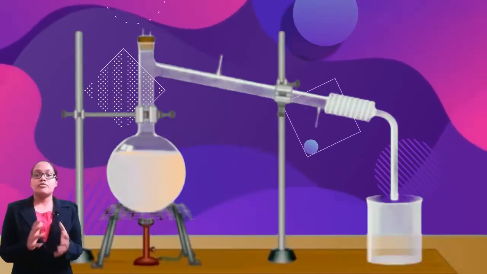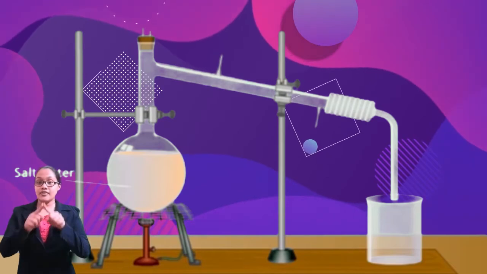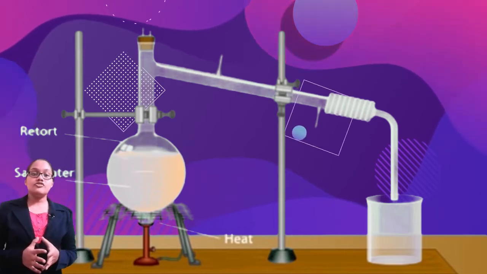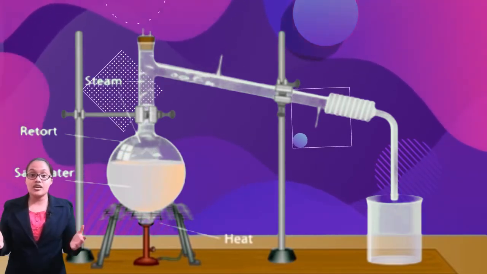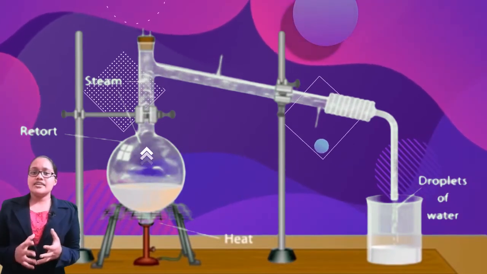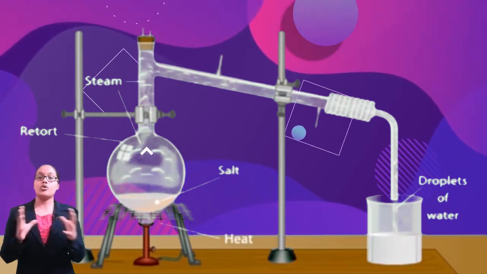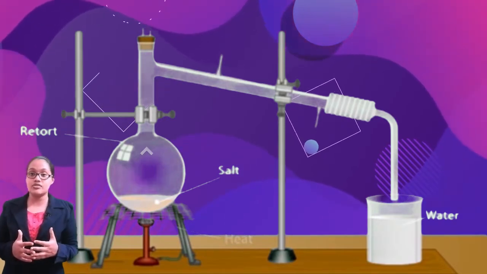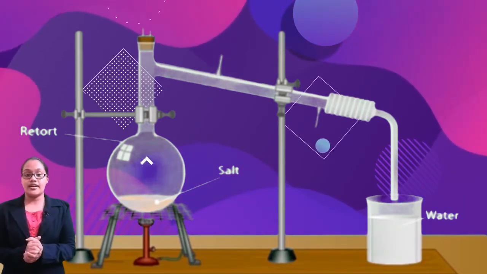Distillation is the process of heating a liquid to form vapor and then cooling the vapor to get back the liquid. The mixture of salt and water is taken in a distillation flask and is heated. The water from the solution evaporates and rises up into the condenser. As the name says, the condenser has a cooling environment, and cold water is continuously circulating through the outer tubes in the condenser.